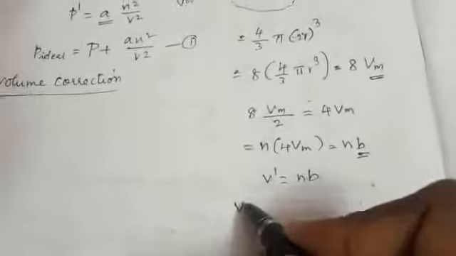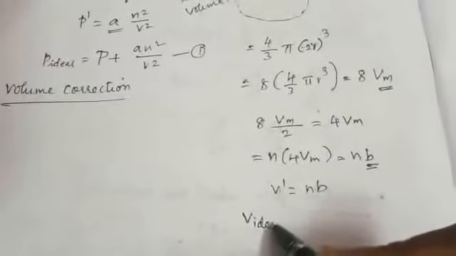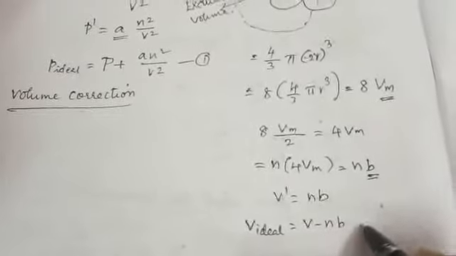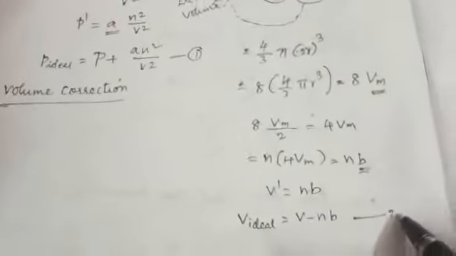Now V ideal equal to V minus nb. Equation number 2.